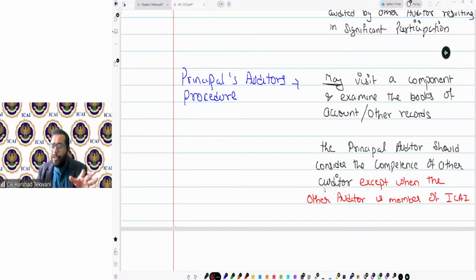If he is a member of the institute, then it is fine. Otherwise, the principal auditor has to look into the competency. We cannot directly accept, as we already discussed.